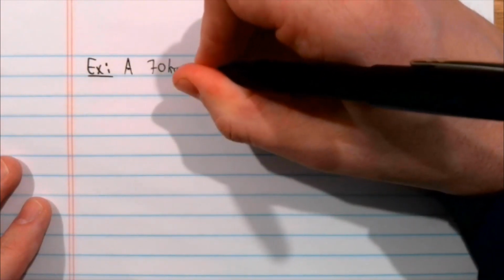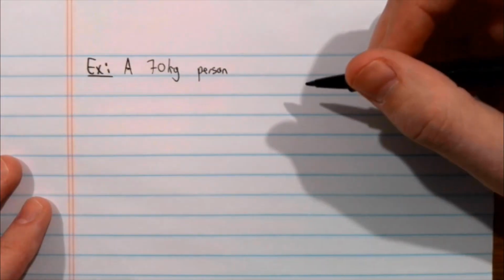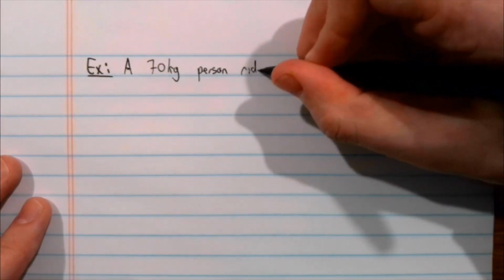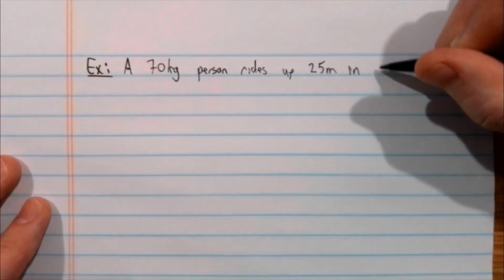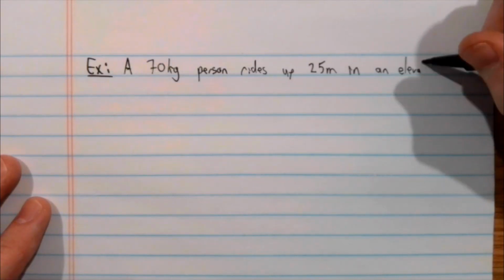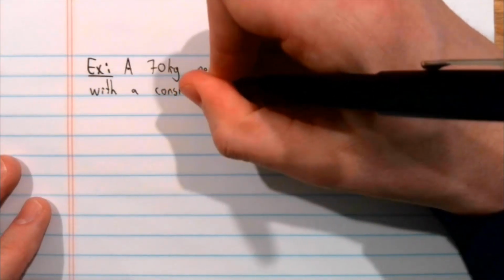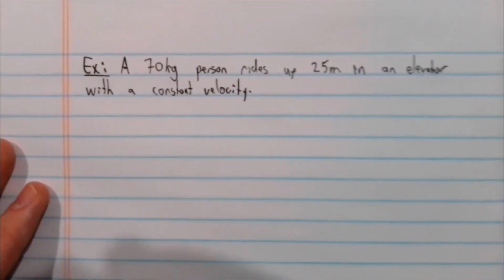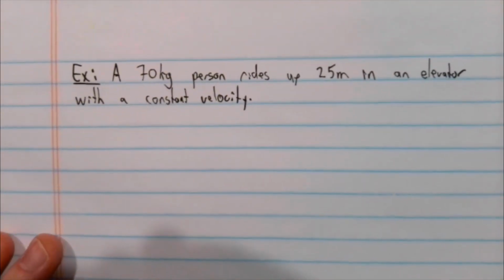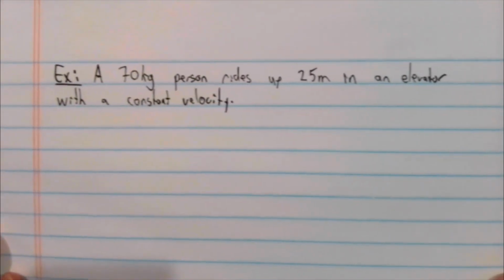A 70 kilogram person rides up 25 meters in an elevator with a constant velocity. A 70 kilogram person rides up 25 meters in an elevator with a constant velocity.